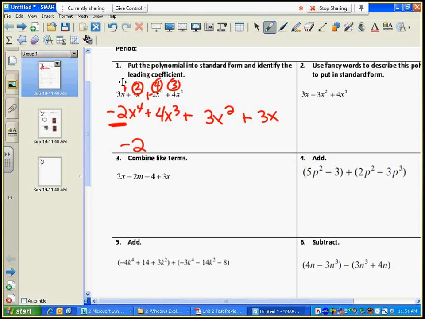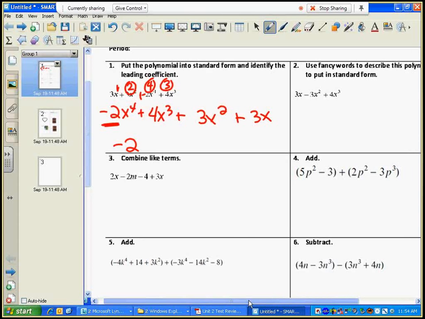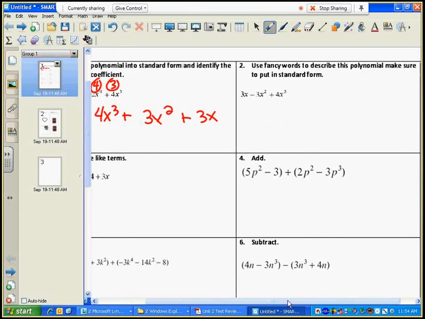We have problem number 2. These are fancy words, but it's very common. I've classified this already, so I want to make sure that it's in standard form. I'm going to put it in order of degree from greatest to least. You should change this to plus negative 3x squared.